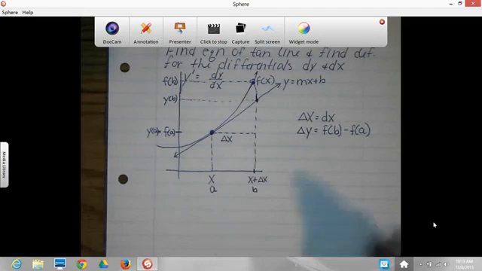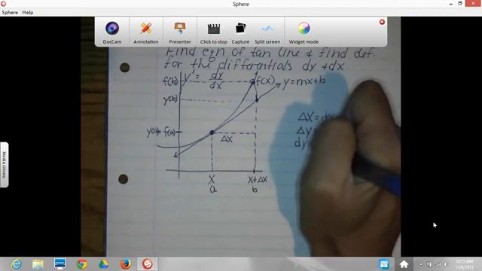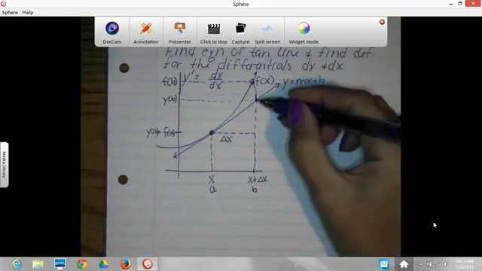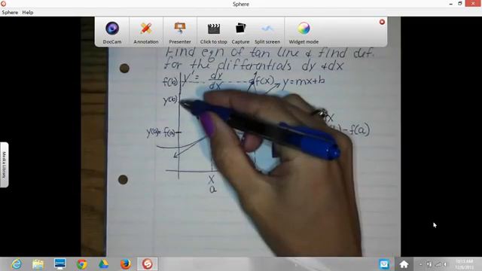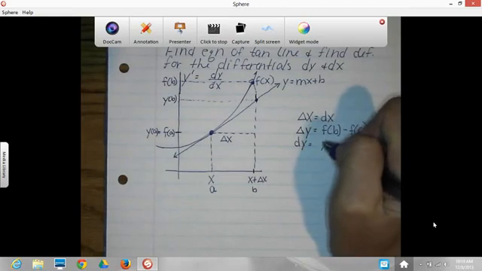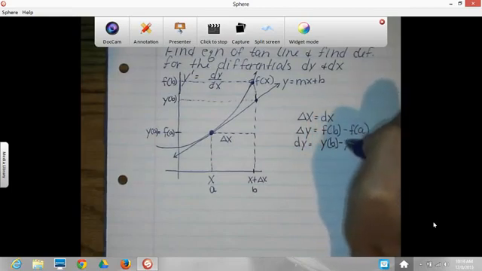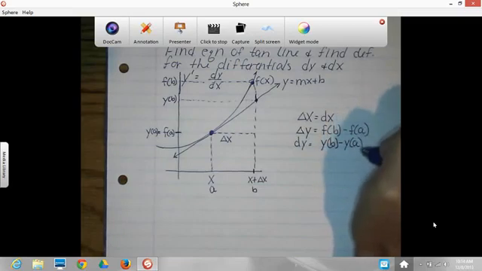Now dy is the change in y values on the tangent line. So that's y of b minus y of a. Okay, and this is the one that's kind of important.